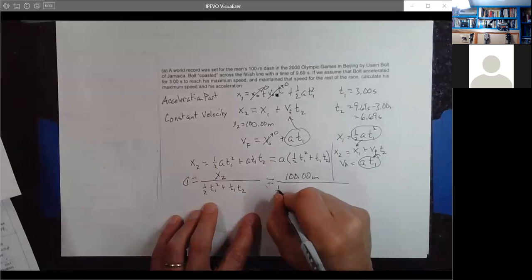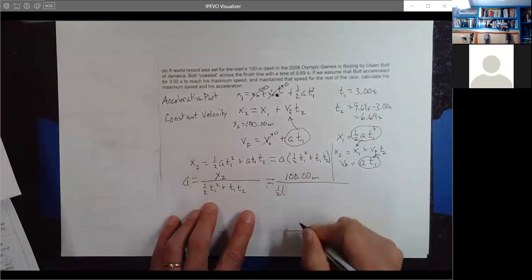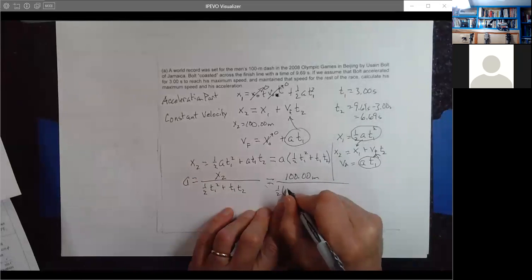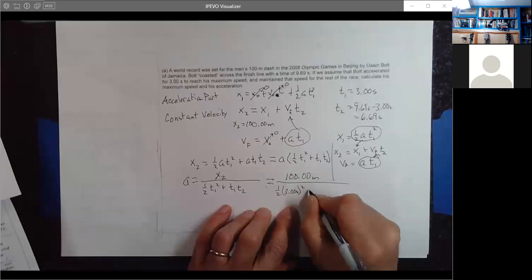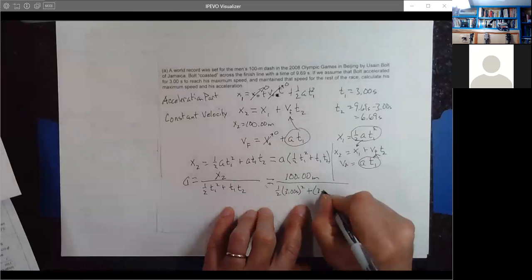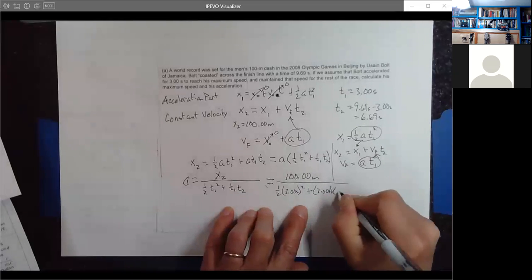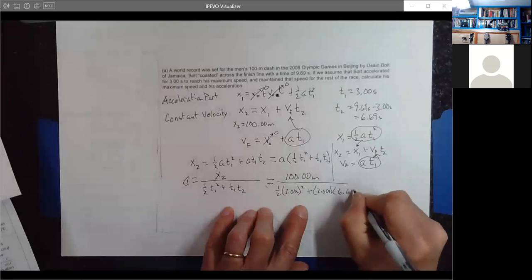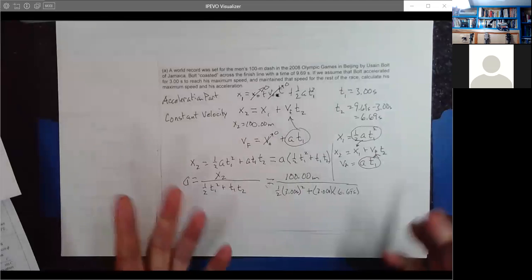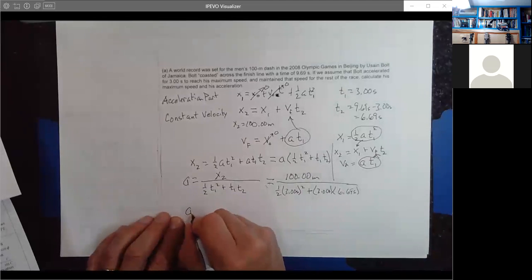One half t1 squared. Okay, t1 was the 3.00 seconds. So I square that, plus t1 times t2, which is 3.00 seconds times 6.69 seconds. And now I just plug in the numbers and see what happens.